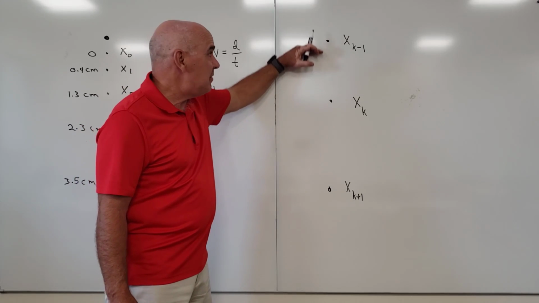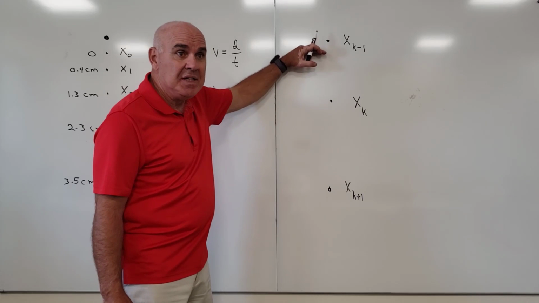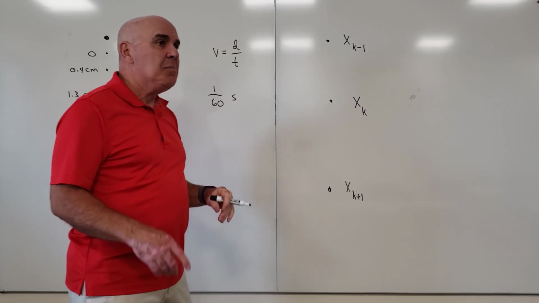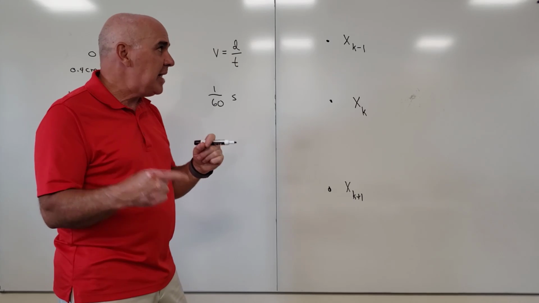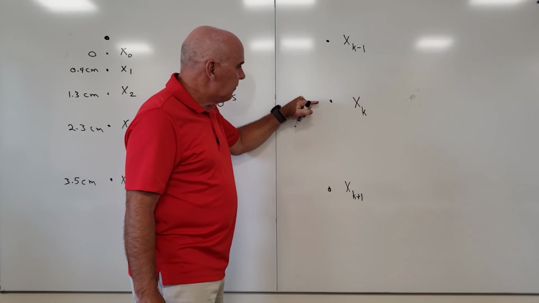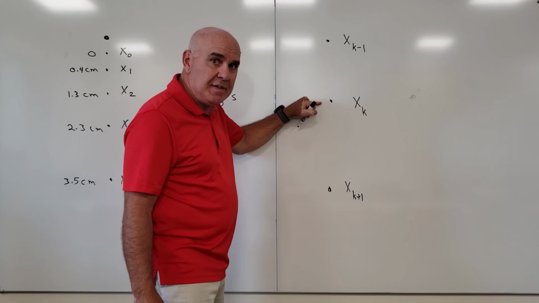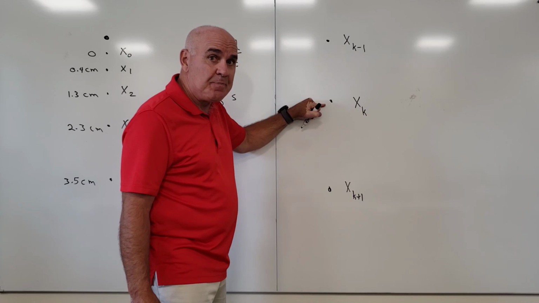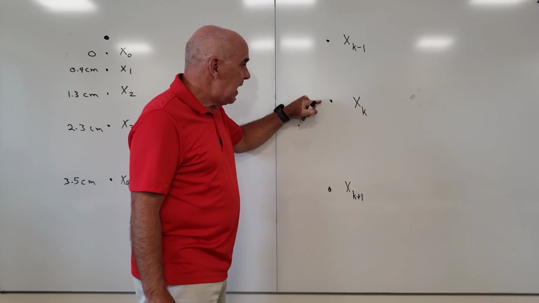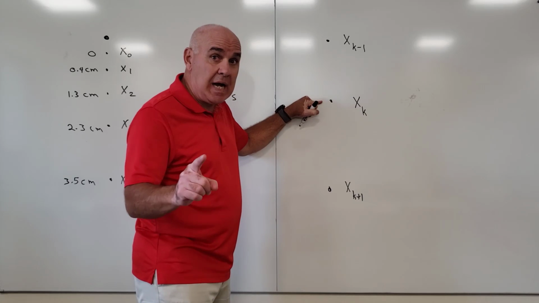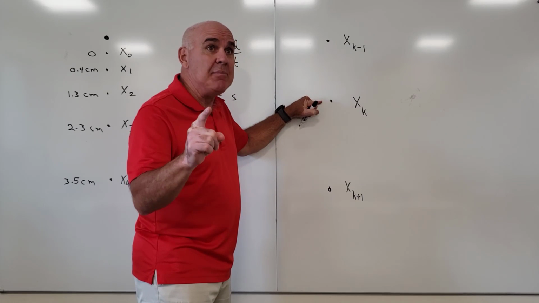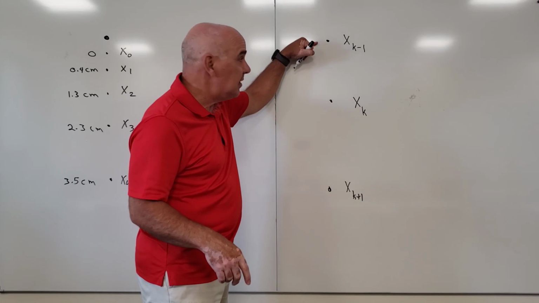Now, the halfway time, this is a distance position here, right? That's not the time. But I can take advantage of that same idea, and I can say, hey, the velocity right here at xk, that velocity is half time between this dot and this dot.